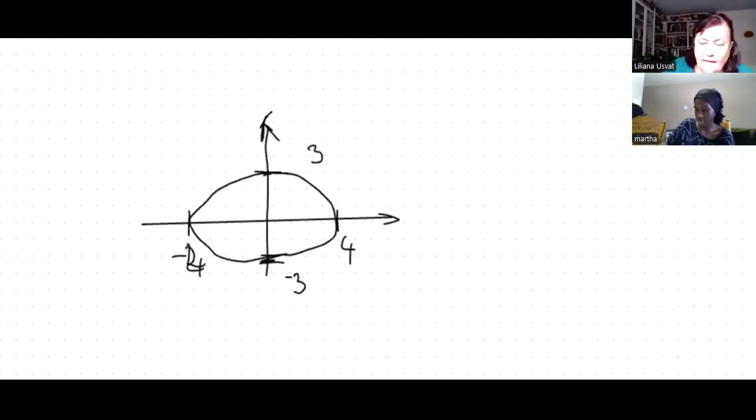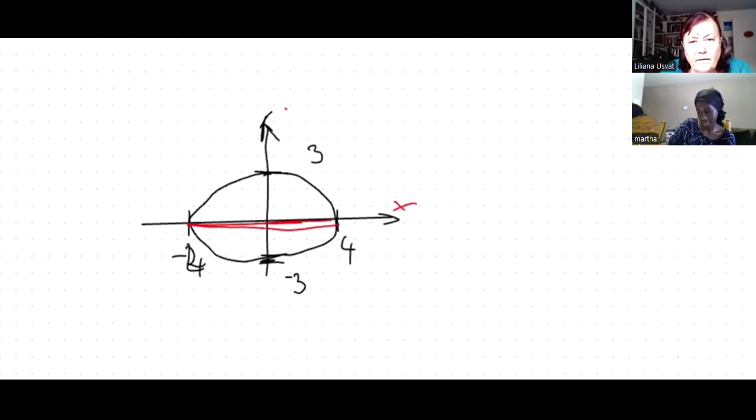State the domain and the range. Domain is all the values that x can take. So if I take red, from here to here is the domain. This is x and this is y.